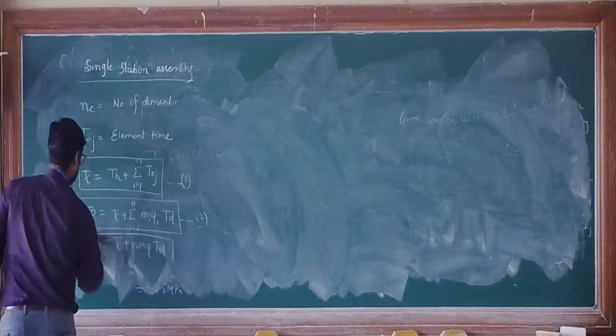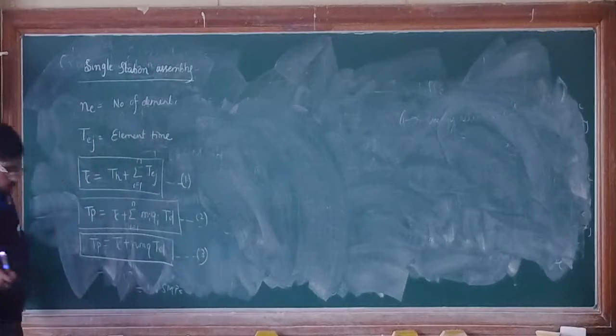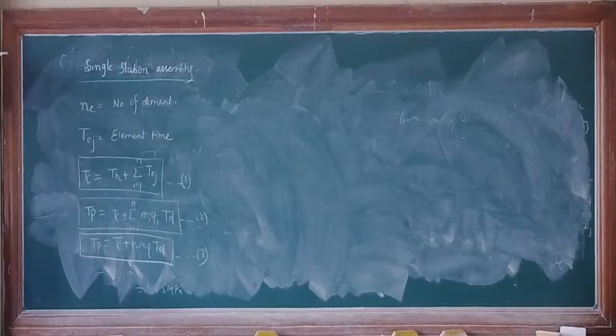So this is the third equation. When Qi is equal to 0 and M is irrelevant, that is, the stoppage because of defective parts jamming the station is irrelevant, then this equation holds good. So this is about the single station assembly.